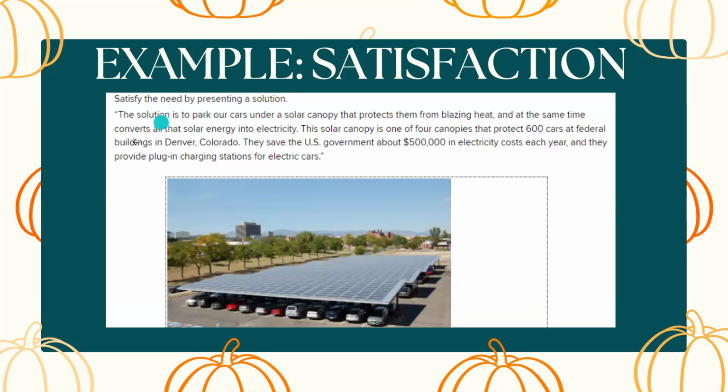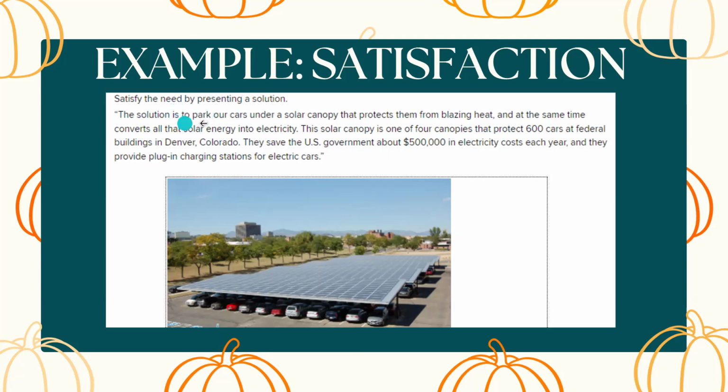So then we satisfy that. The solution is to park our cars under a solar canopy that protects them from blazing heat and at the same time converts all that solar energy into electricity. The solar canopy is one of 4 canopies that protect 600 cars at federal buildings in Denver, Colorado. They save the U.S. government about $500,000 in electricity costs each year, and they provide plug-in charging stations for electric cars.